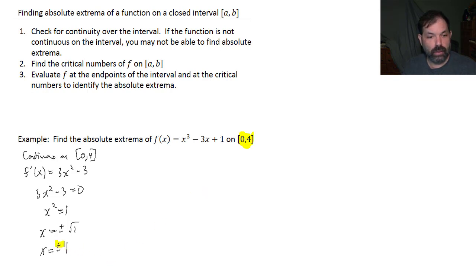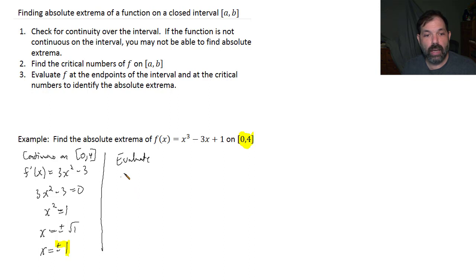Only the positive 1 is critical on our given interval. So now we will evaluate the function at the endpoints of the interval and at the critical numbers to identify the absolute extrema.